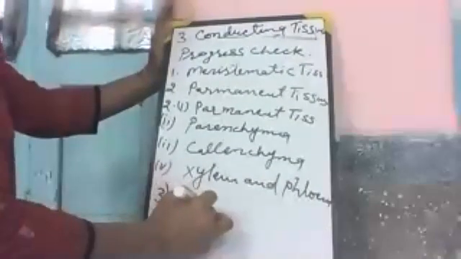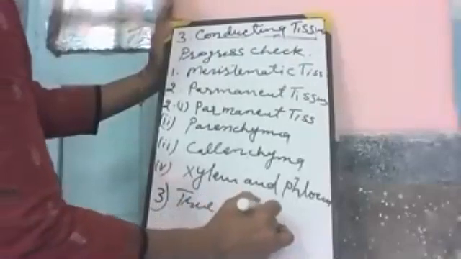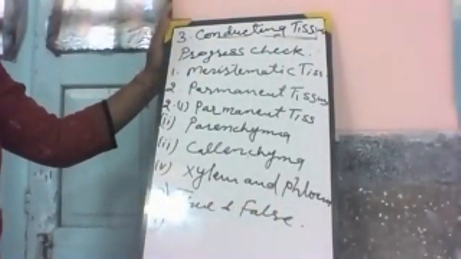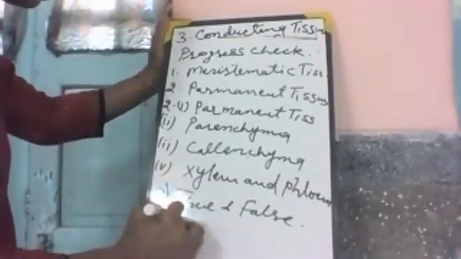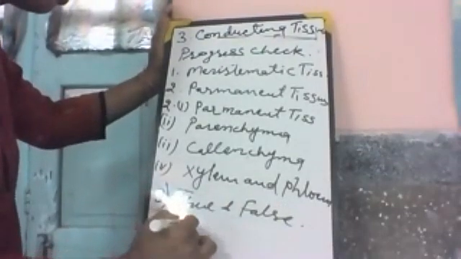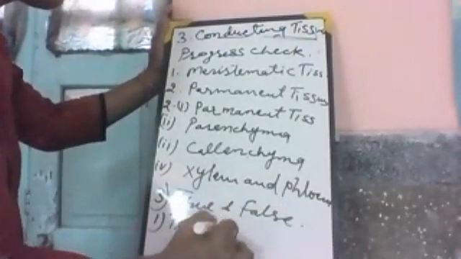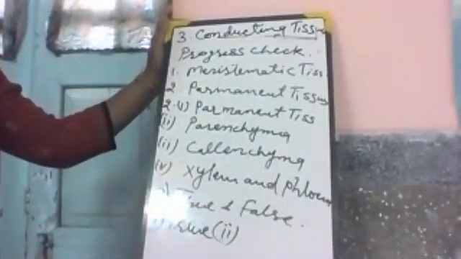Third is true and false. Phloem cells carry manufactured food from leaves to other parts of the plant. Yes, it is true. The second one is veins of leaves have both xylem and phloem.